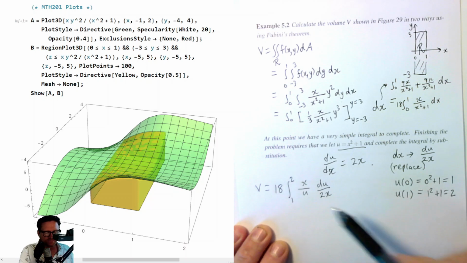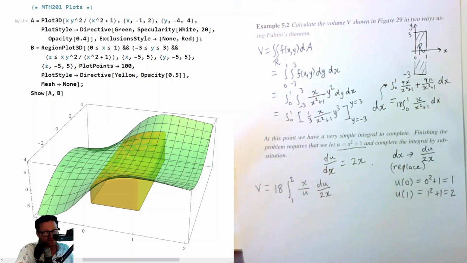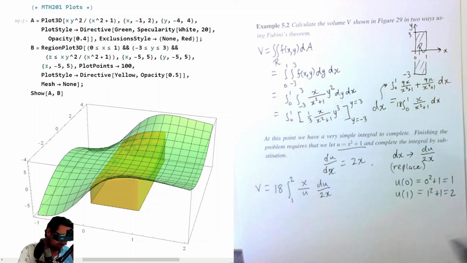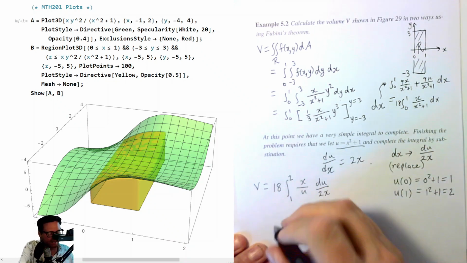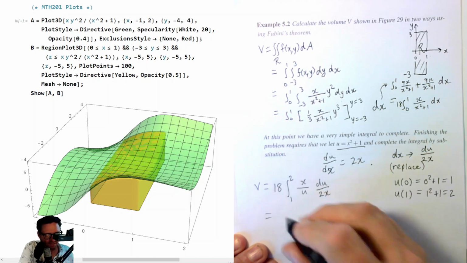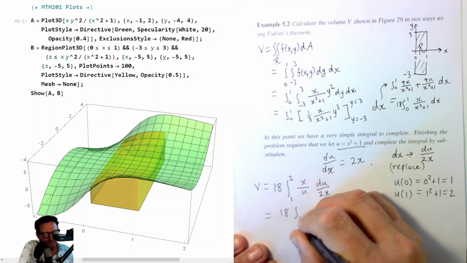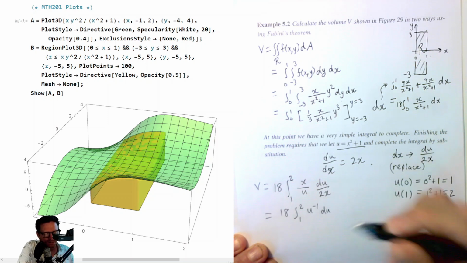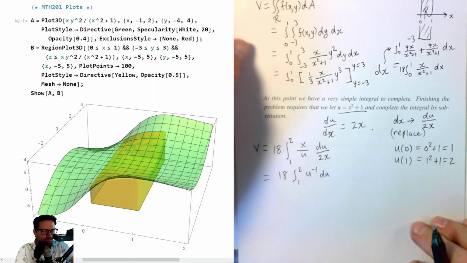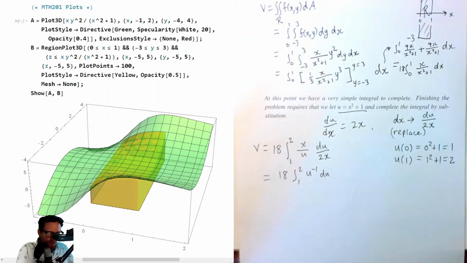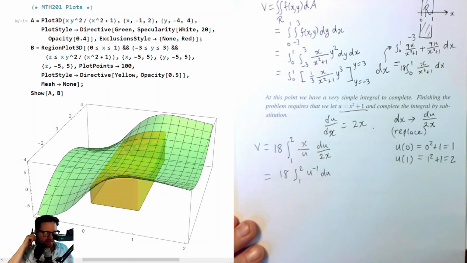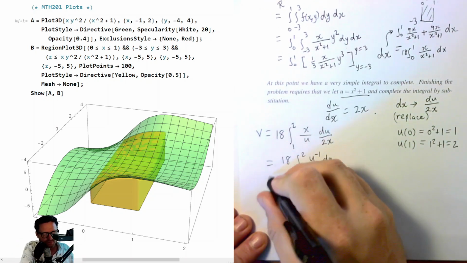And you can notice that the x's cancel, so this means that that substitution up here is the appropriate one. So we can cancel the x's, and so we've got 18 integral from 1 to 2 of u to the minus 1 du. All right, the integral of 1 on u, or u to the minus 1, is the natural logarithm of u.